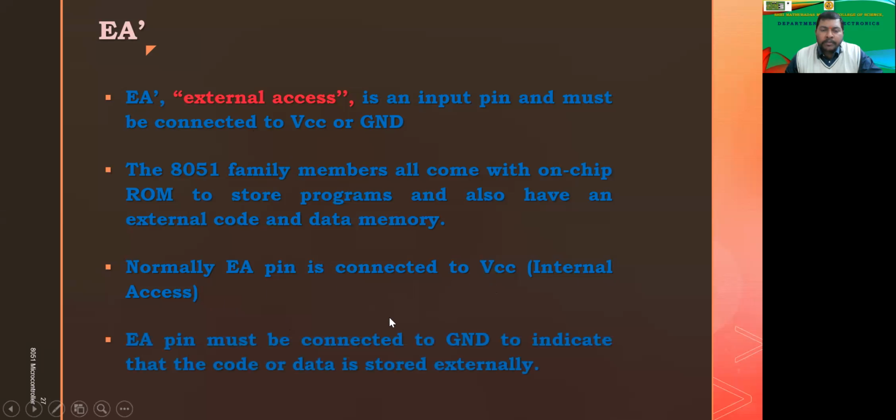The EA pin must be connected to ground to indicate that the code or data is stored externally. So when we are using data or some component stored outside the memory of the microcontroller, this EA should be given low. So this terminal is actually an active low terminal.